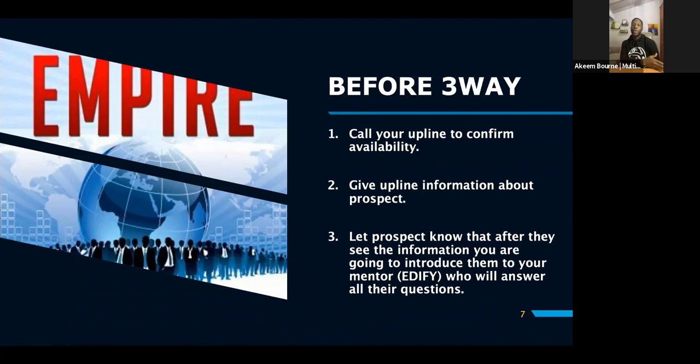Sometimes individuals try to go in depth and say everything about the individual. I don't need all that information. Kai doesn't need all that information. We just need the basics, basically what their name is, so that we can be respectful and always call their name when they come on the call. Whatever information we have, we can also use in the three-way. Everybody's clear on that? Make sure that you give the upline information about the prospect.